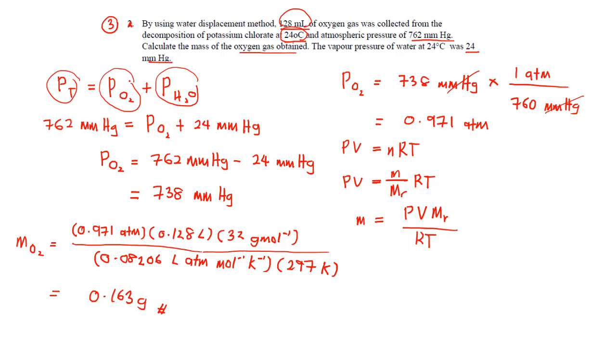Then pressure of our gas, oxygen gas yang kita nak kira, and then vapor pressure of water ni dah diberi dalam soalan lah, which is 24 mm mercury. So this step you kena faham dulu, how to find the pressure of our gas. Once we get the pressure, then we can find other quantities yang dikendaki oleh soalan lah.